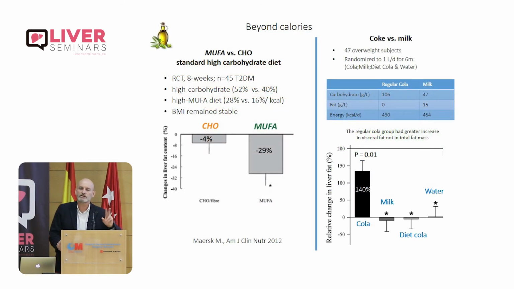About diet, I would like to give you a couple of ideas. The first is that the amount of calories is not the key point for NAFLD-NASH, and we need to keep in mind that the micronutrients play a relevant role.